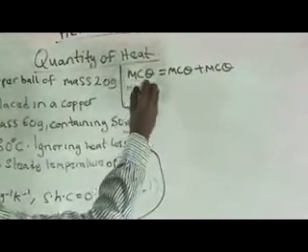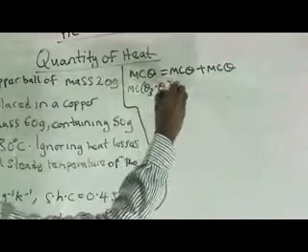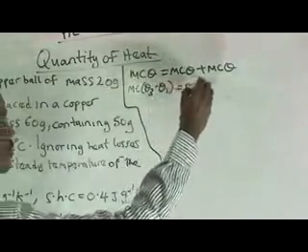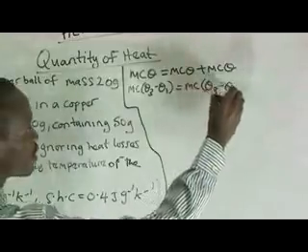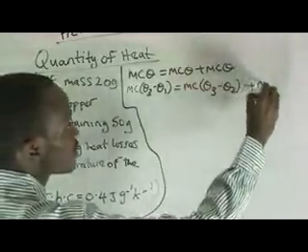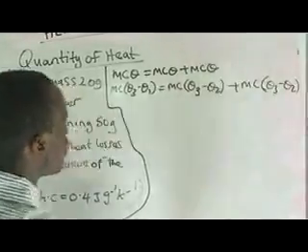So we have mc(theta 3 minus theta 1) equal to mc(theta 3 minus theta 2) plus mc(theta 3 minus theta 2).